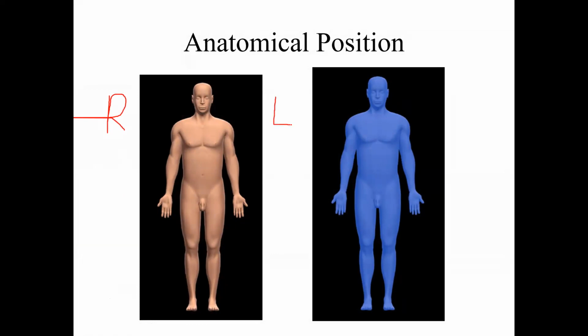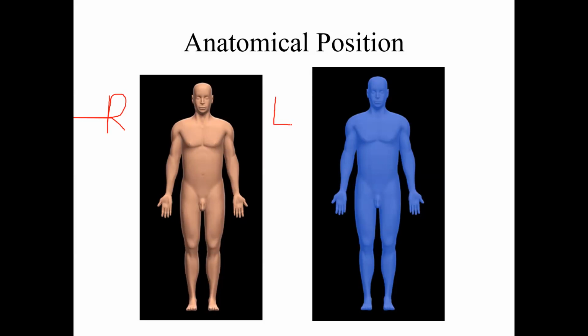When they're looking at us, you'll hear me from time to time say the anatomical left and the anatomical right. So my right hand is going to be opposite this person's left hand because we're looking at each other.